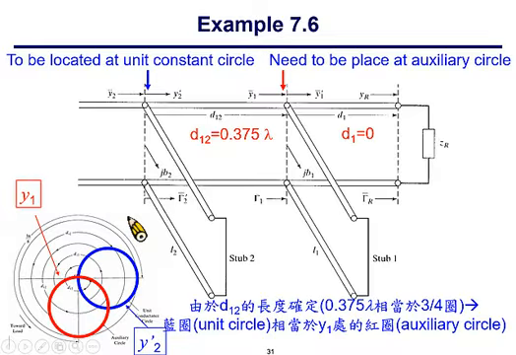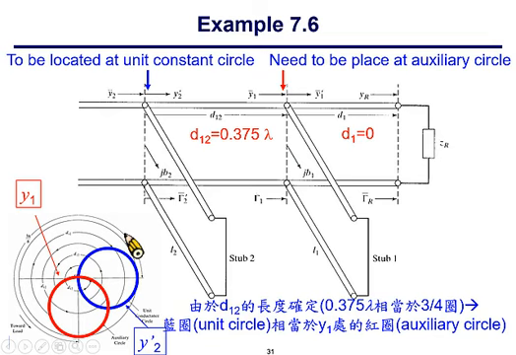It's the same as in the single stub matching technique: to rotate the admittance, which is already on the blue circle, the unit conductance circle, the G equals 1 circle. Once you are on the G equals 1 circle, you can simply adjust the susceptance to move the admittance to the center.